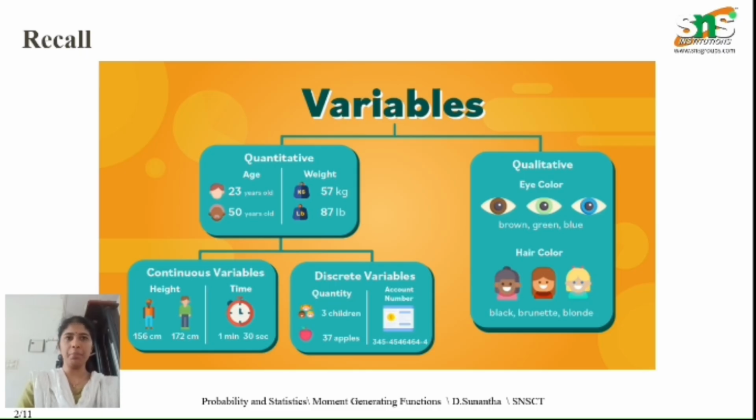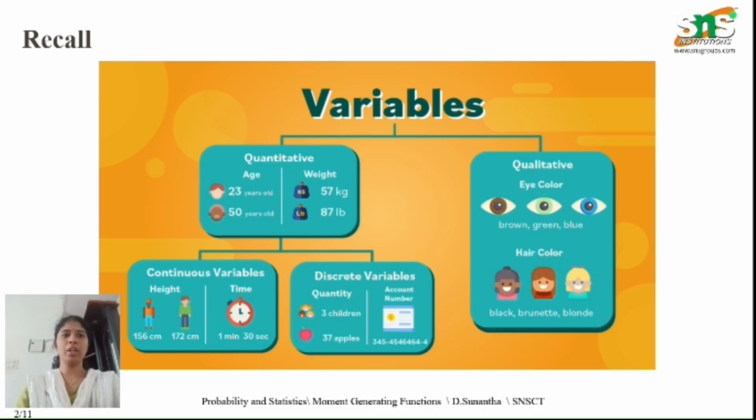For a random variable X, the moment generating function is defined as M_X(t) equal to E of e power tX, where M_X(t) represents the MGF, E represents the expectation, t is the parameter, and X is the random variable.